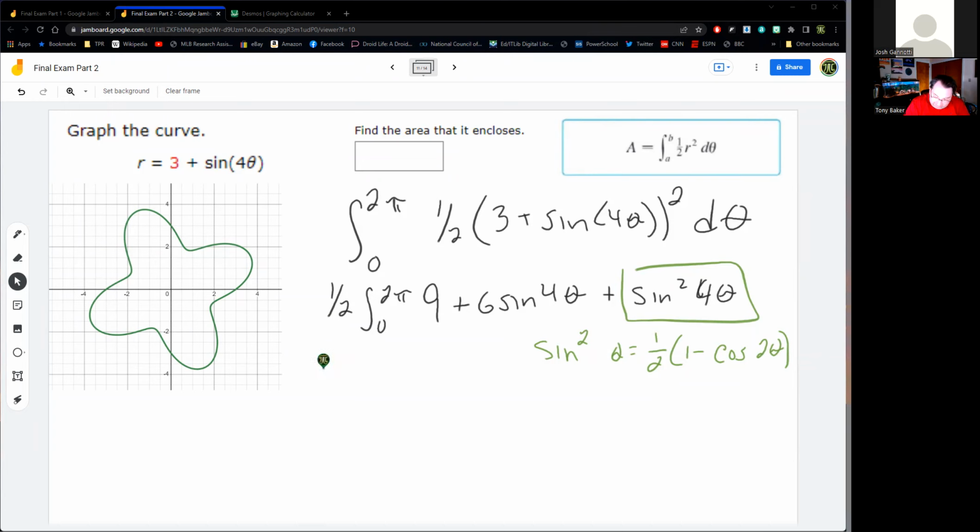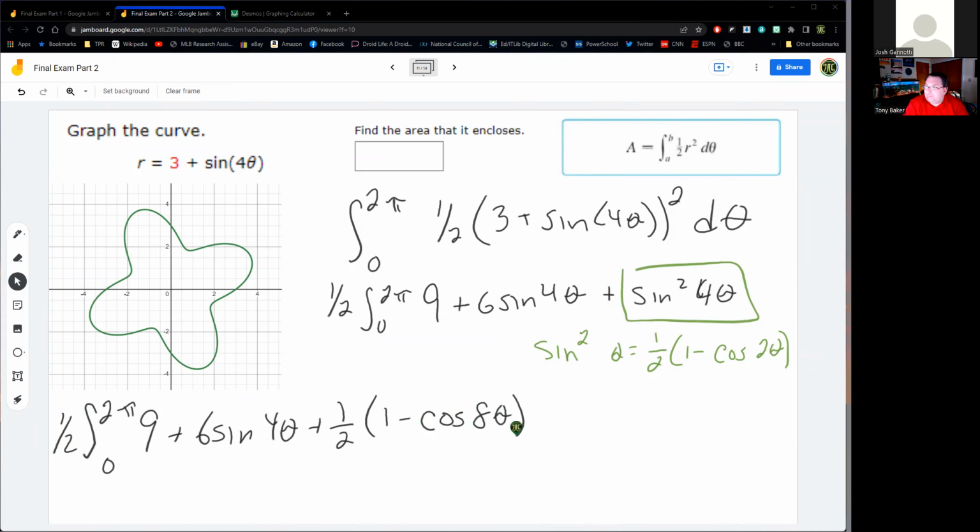So I've got 1/2. So my integral is the 1/2 on the outside, 0 to 2 pi, 9 plus 6 sine 4 theta, and then plus 1/2 times (1 minus cosine 8 theta) d theta.